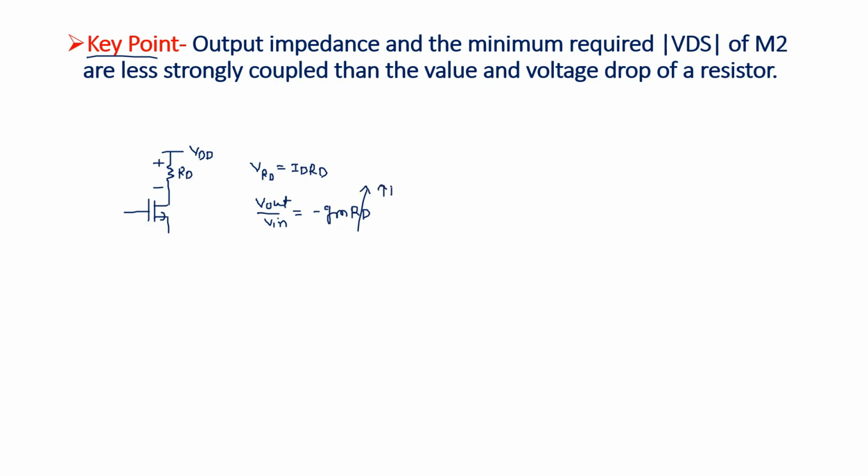If we increase this RD, the voltage across RD will also increase. So if RD is increasing, VRD will also increase. And since Vout equals VDD minus VRD, if this VRD is increasing, this Vout will decrease because VDD is constant.